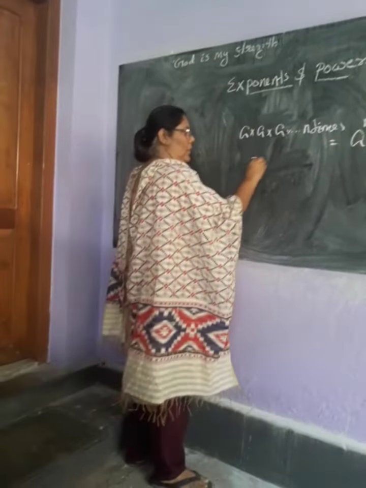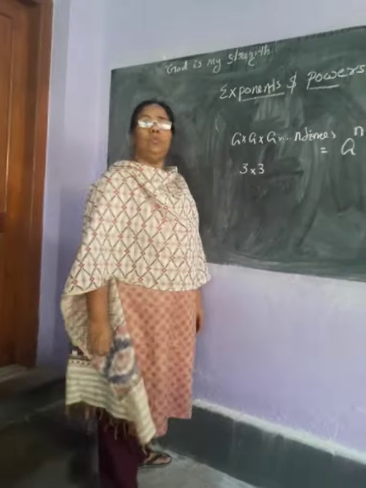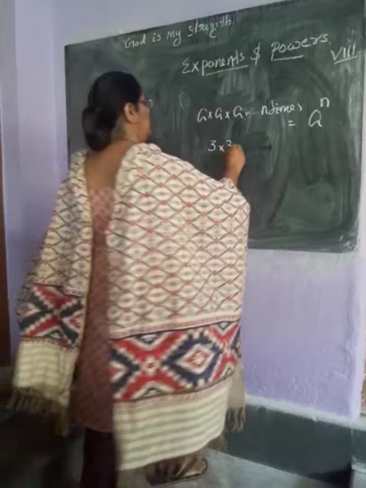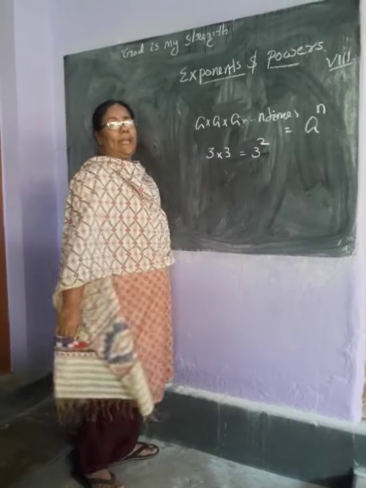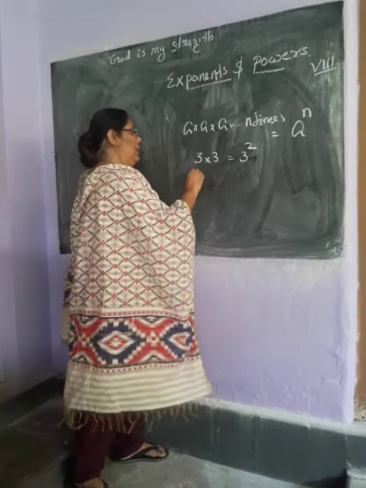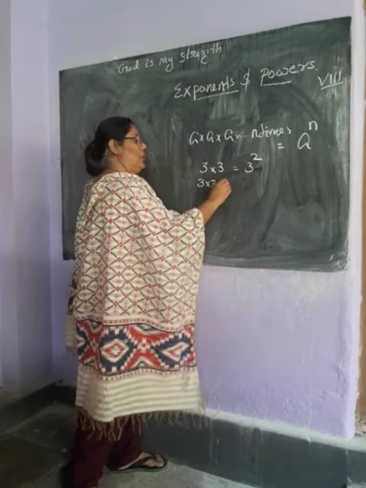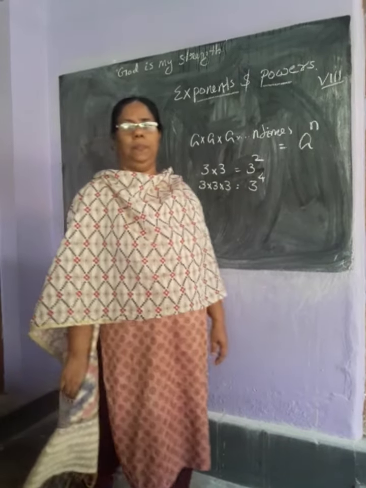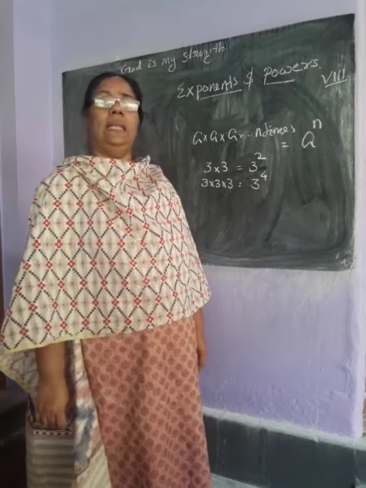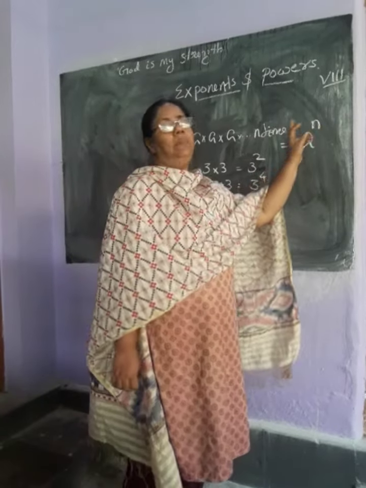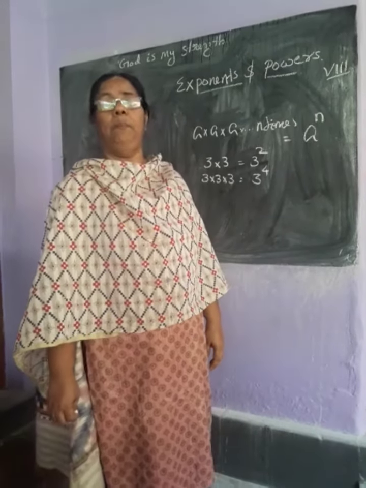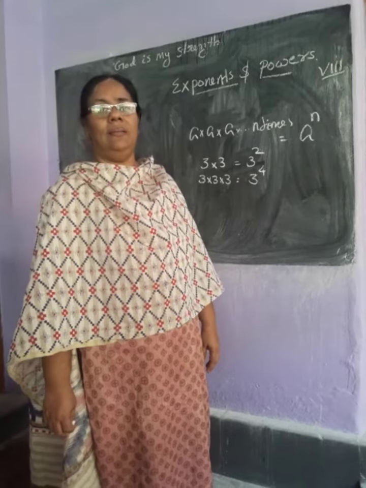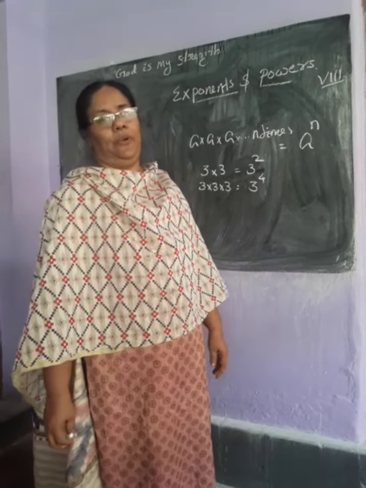Or if you write 3 two times, 3 into 3, in the exponential form we can write 3 squared. In the same way, if you write 3 into 3 into 3 into 3, what's the answer? 3 raised to 4. And here the general form is A raised to n, where A is called the base and n is called the index or exponent.